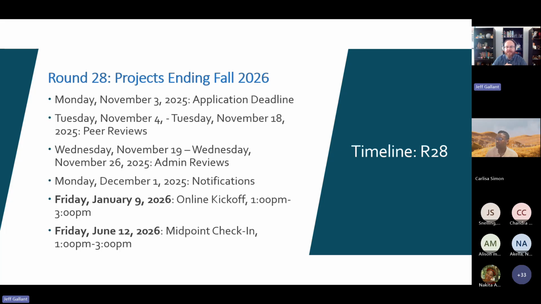Then we have about a week to review materials here as administrators to make sure that everything fits the guidelines, to make sure that our lineup is distributed well across our institutions, and that everything really fits the mission and the vision of this program. Then we have notifications on December 1st.